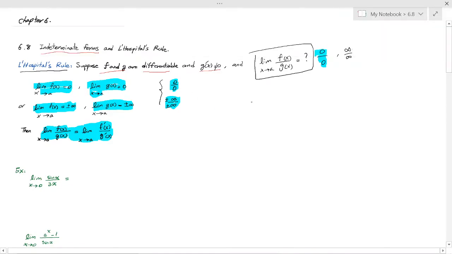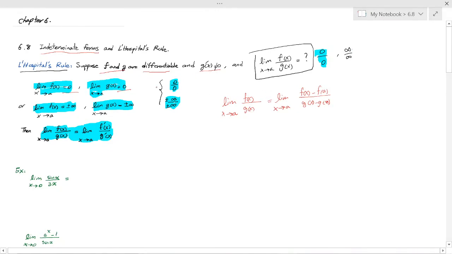I don't want to go into the detail of it, but let's look at maybe the first case of 0 divided by 0. So let's assume that both the numerator and denominator are 0. Then given the limit of f of x divided by g of x as x approaches a, you can assume this is the same as the limit of f of x minus f of a divided by g of x minus g of a as x approaches a.